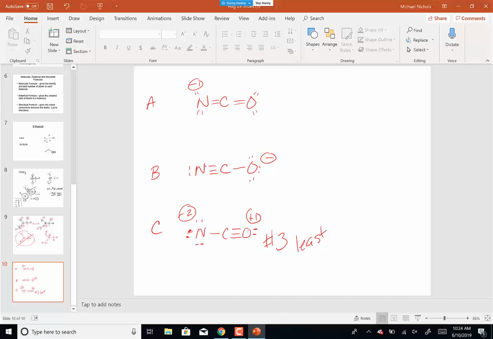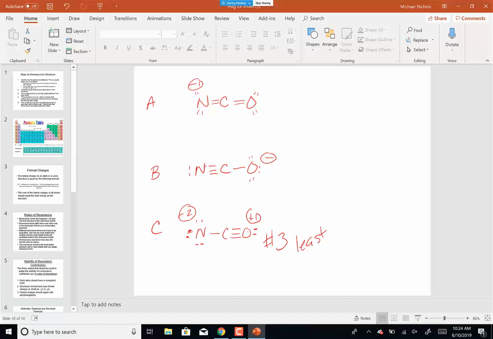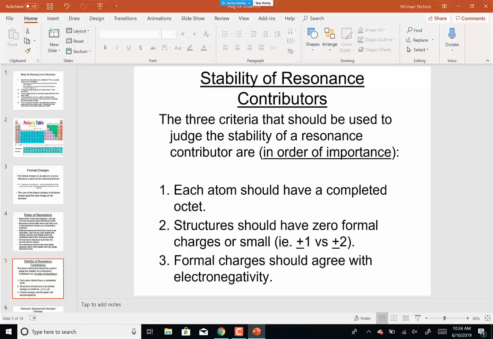Okay, so we got C, but what about A and B here? They both have a -1, so as far as we're concerned, they're tied. In rule number 2 they're tied, so now we need to go to rule number 3. Rule number 3 says that the formal charges should agree with the electronegativity.